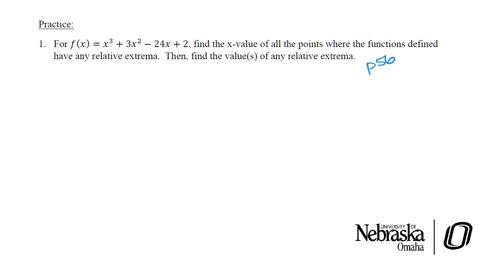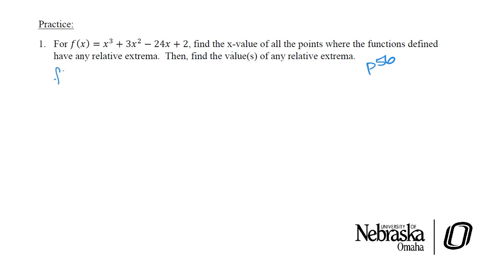So we want to find the derivative, set the derivative equal to 0 to find any potential critical points, plot them on the number line to see how the slope is changing, and then identify from that number line and the changing slope whether we have relative extrema.